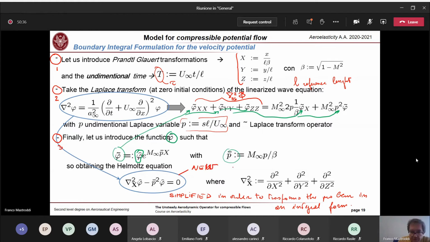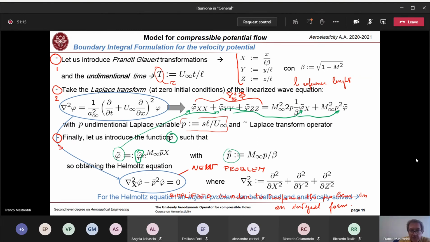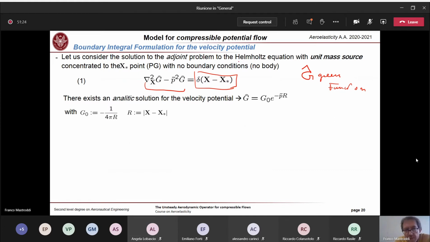It's a strange problem, but it has an elementary solution to be determined, in the sense that we can find this new G hat, the Green function, as a solution of our problem, but not equal to 0, but equal to a Dirac delta. So for this new problem we can find the Green function as a function able to solve this equal to the Dirac delta in x star, with no boundary condition, as typical for the Green function solution.